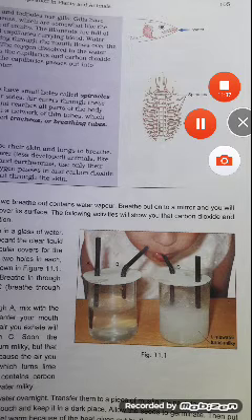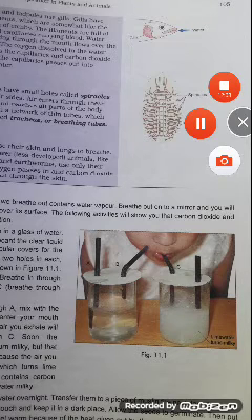Make circular covers for the glasses using stiff paper. Pierce 2 holes in each and insert straws into them. Tape the covers to the glasses.